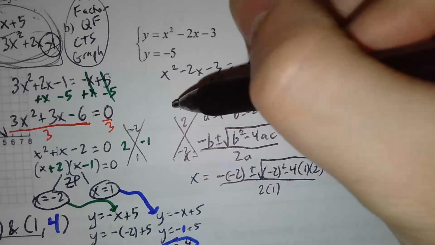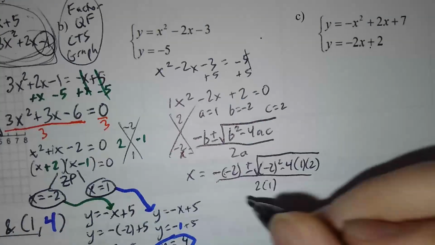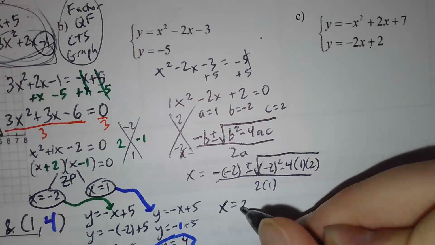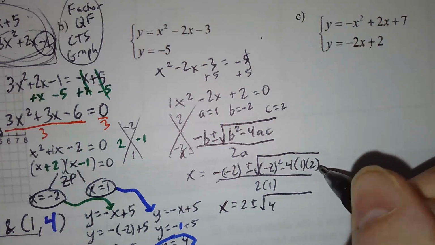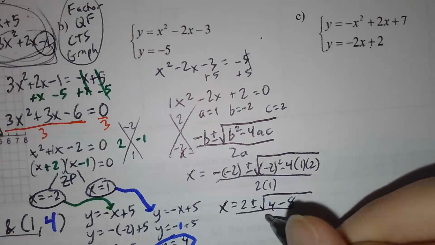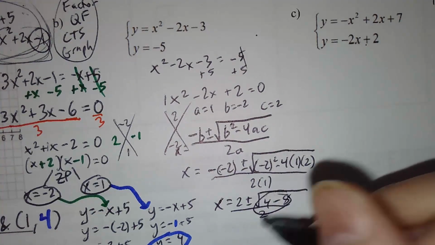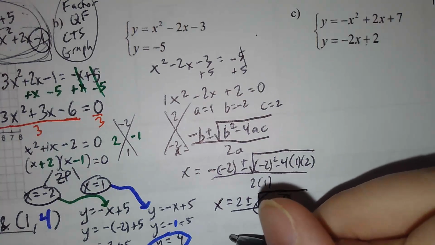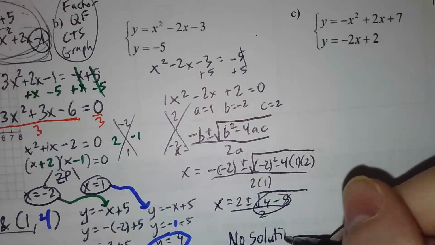Why is a 1, by the way? The a value is the number 1 that's in front of x squared. So solving for x, we're going to get 2 plus or minus the square root of 4 minus 8 all over 2. What happens if you do 4 minus 8? That will be a negative number. So this one we can say there's going to be no solution.